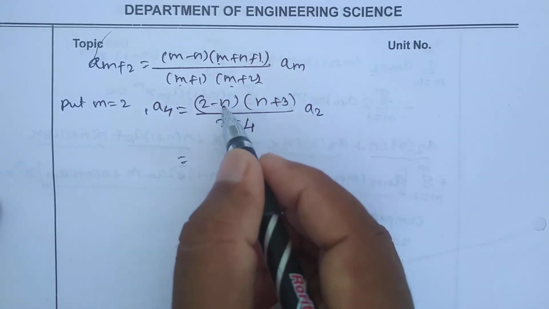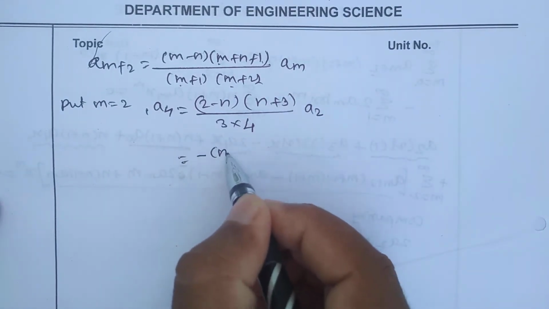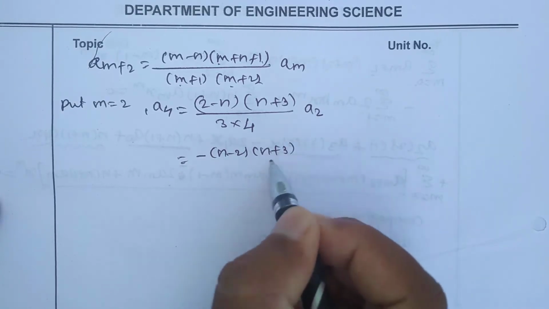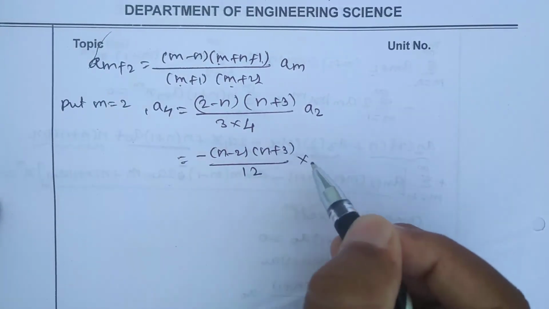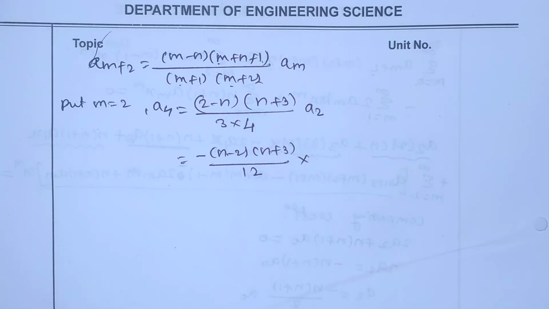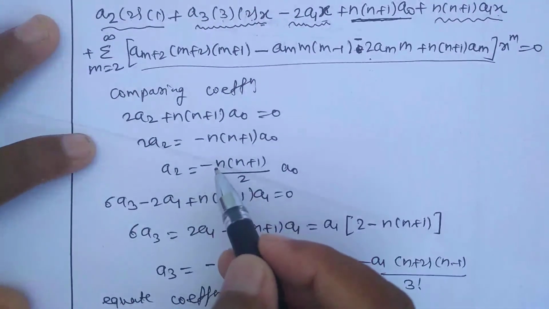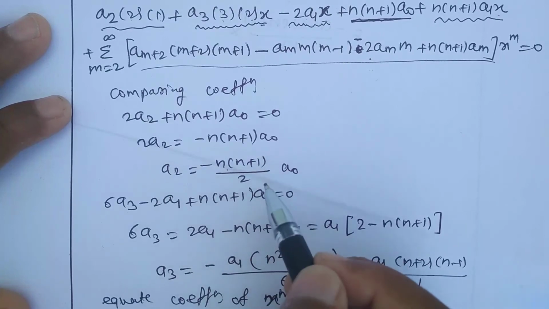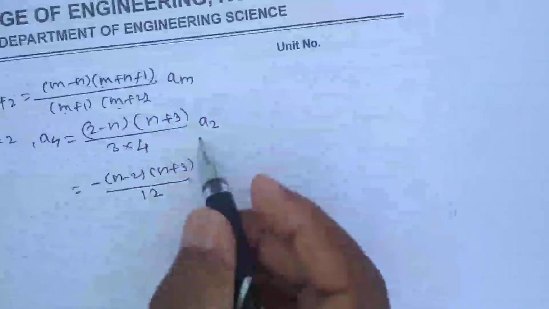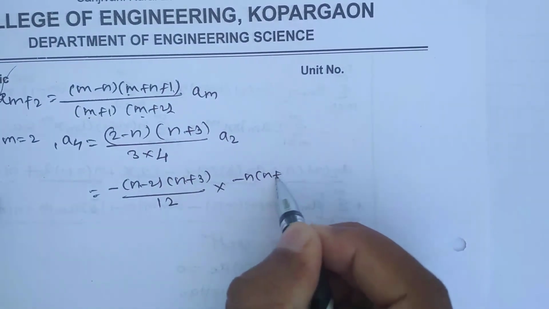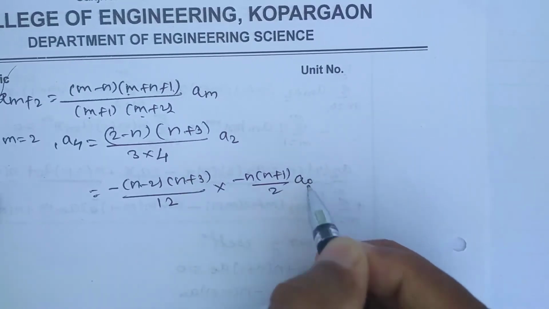This is equals to, we can take minus sign outside, minus times n minus 2 n plus 3 upon 12 into value of a2. We already calculated the value of a2. So value of a2 is this minus n into n plus 1 upon 2 a0.